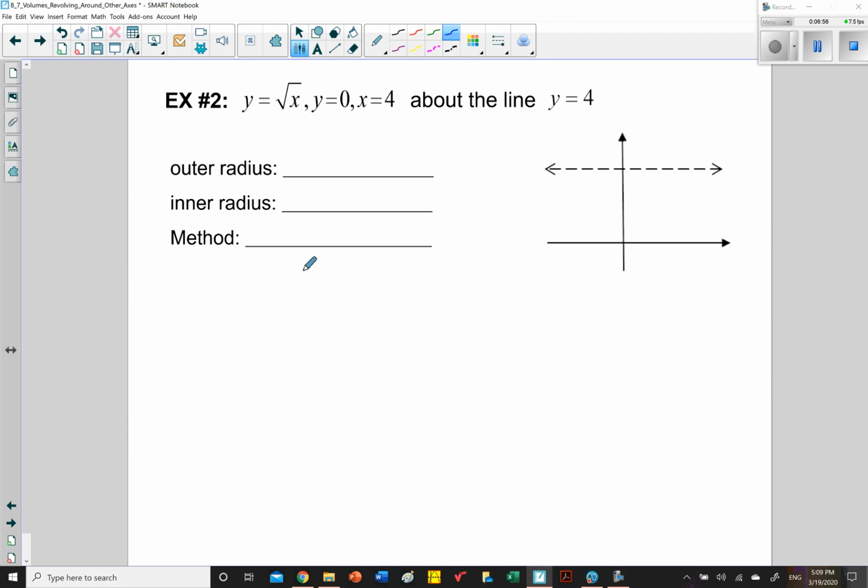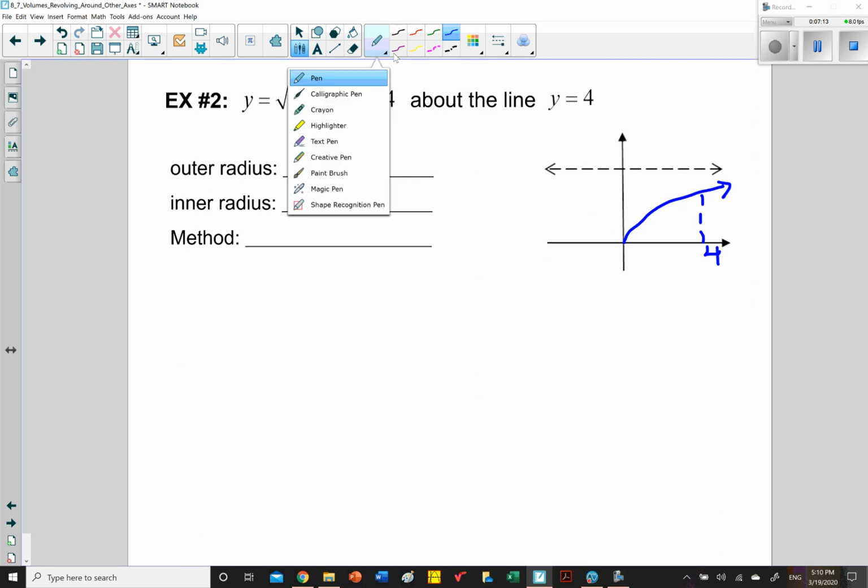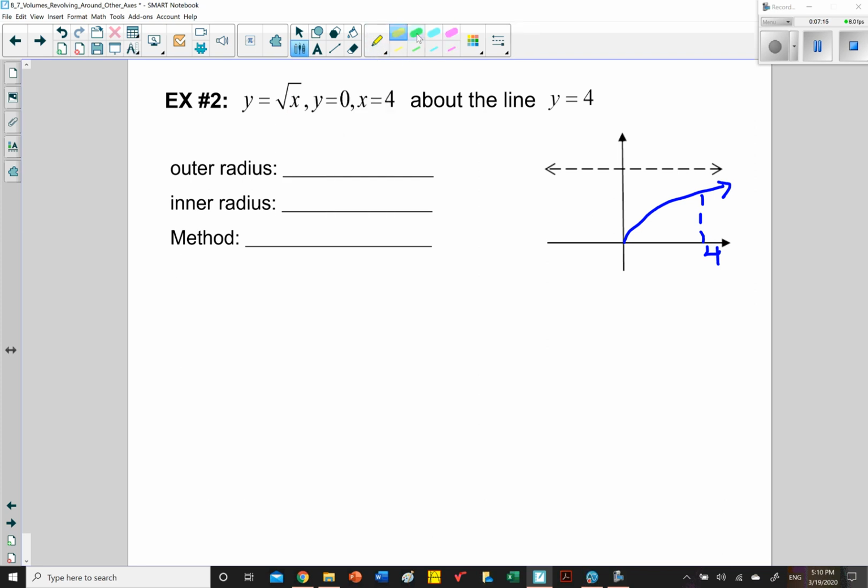So here we go. We've got the square root of x, y equals 0, and x equals 4. Those are our boundaries. We're going to revolve around the line y equals 4. So we don't want to go past 4. Let's put 4 right there. Shade that in. So we're taking that little shape.